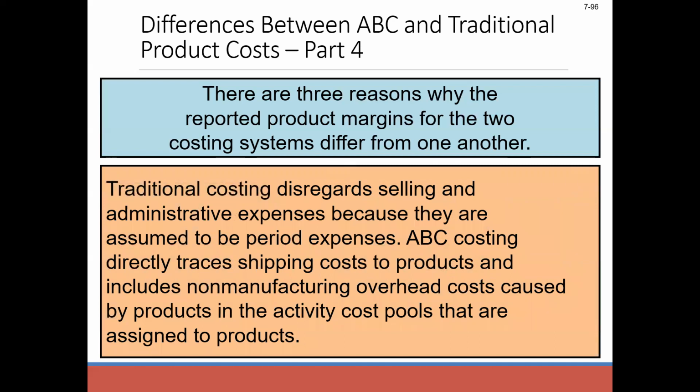Also, traditional costing disregards selling and administrative expenses because they're assumed to be a period expense. But ABC costing takes those, even though they're non-manufacturing overhead costs, and puts them in the pools.